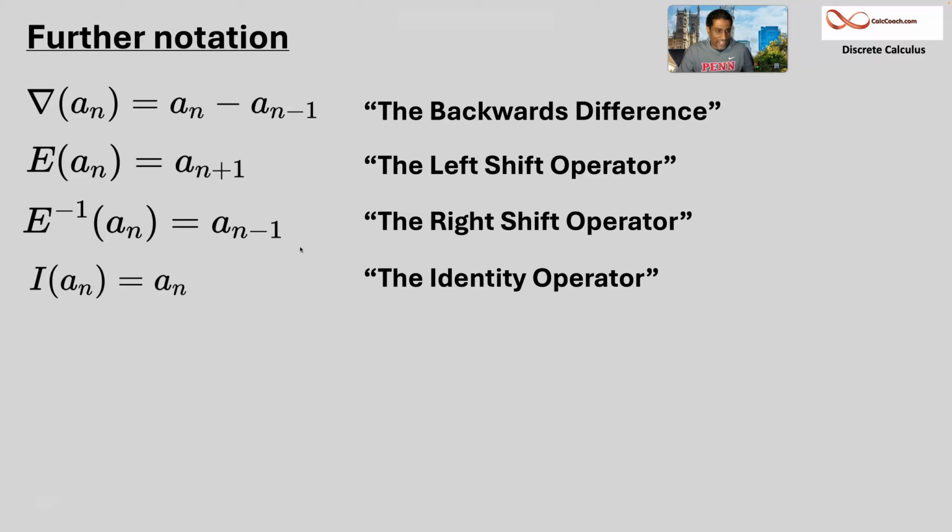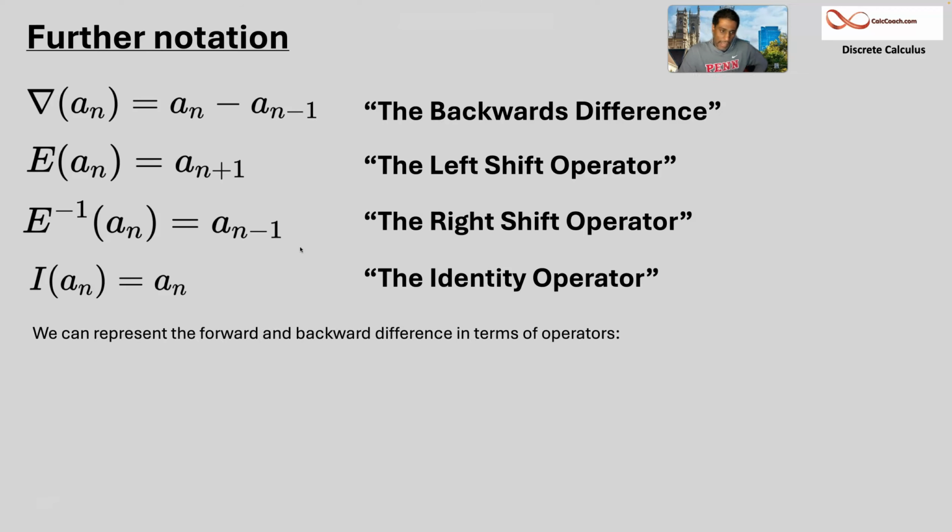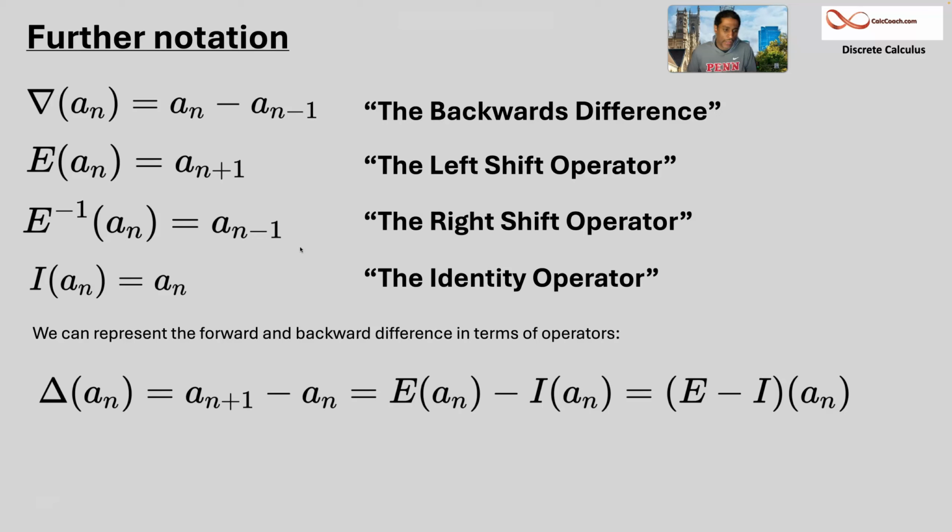And we can combine these together. The identity is just leaving the sequence alone. You're at the 8th term, you stay at the 8th term. That's the identity operator. And the forward and backwards differences can then be represented in terms of the E's, the E inverses, and the I's.